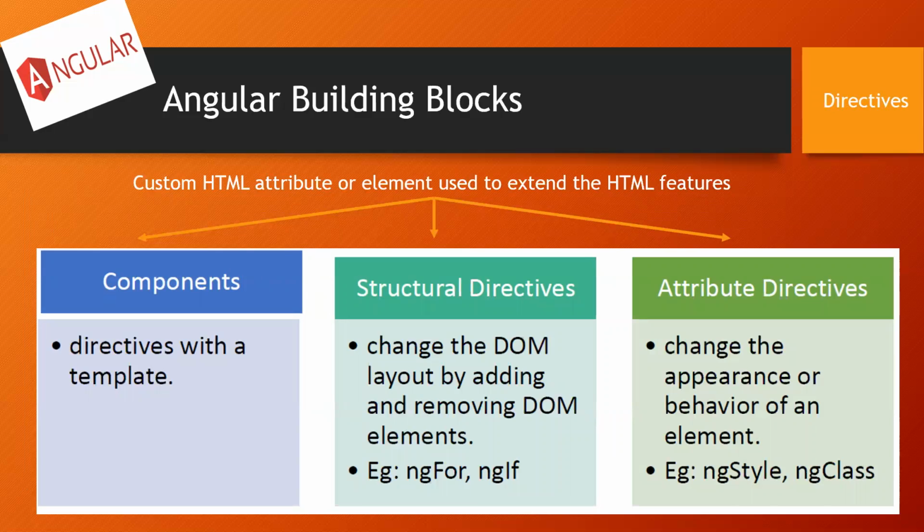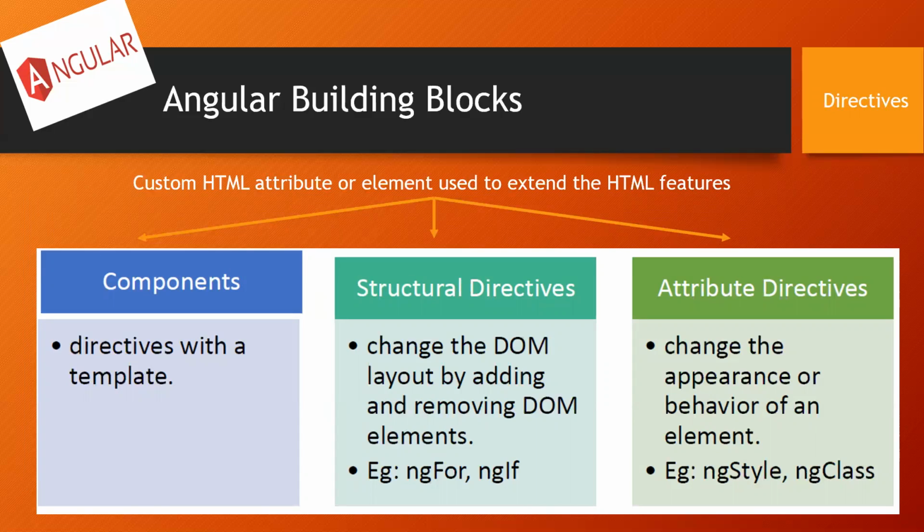Structural directives are used if you want to change the DOM layout by adding and removing elements from the DOM, for example ngFor or ngIf. In ngIf, if a condition is true, we'll remove this element, for example. In the for loop, if the value is this, we will delete this element from the DOM.